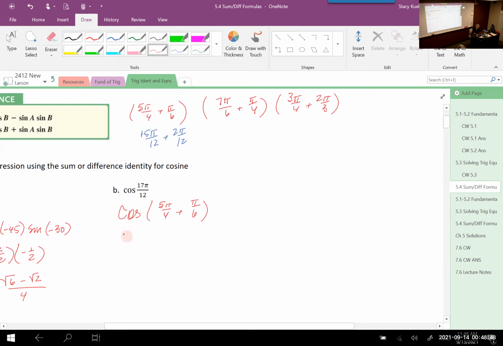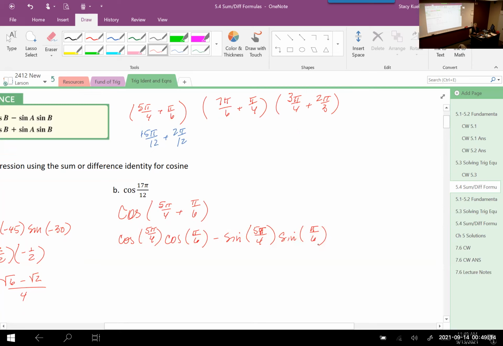So I'm going to take the cosine of the first angle, 5 pi over 4, times the cosine of the second angle, pi over 6, minus the sine of the first angle, 5 pi over 4, times the sine of the second angle, pi over 6.